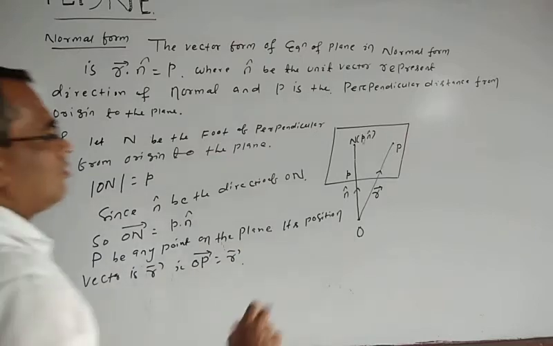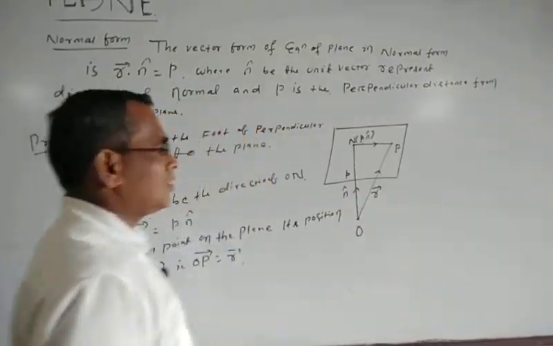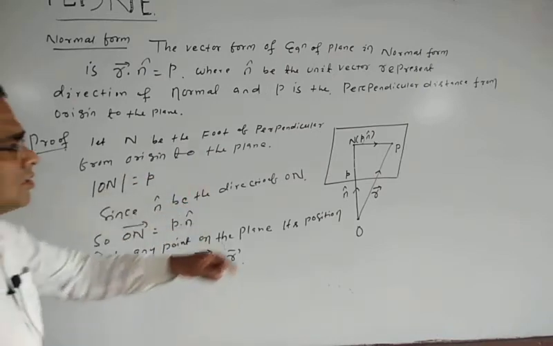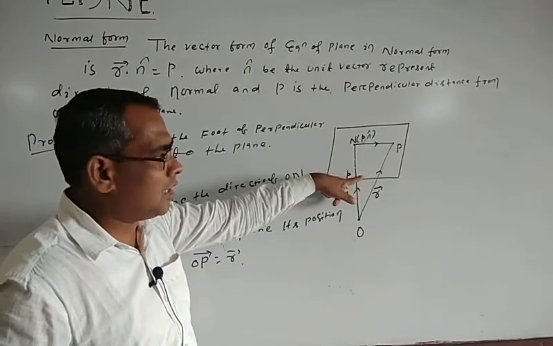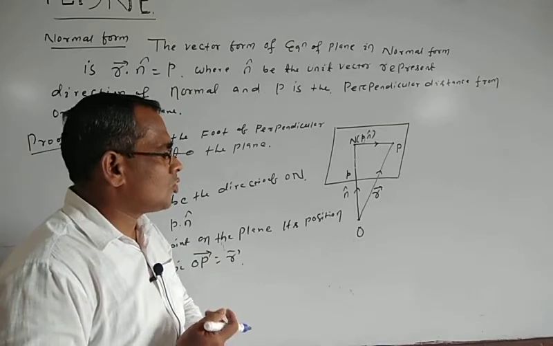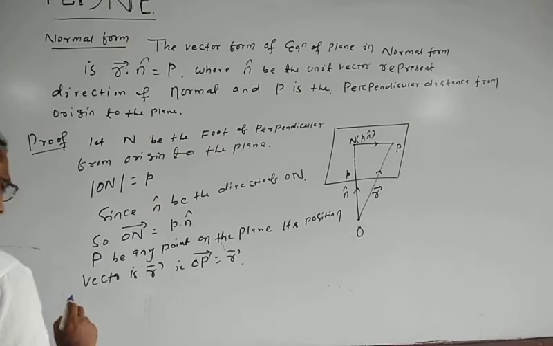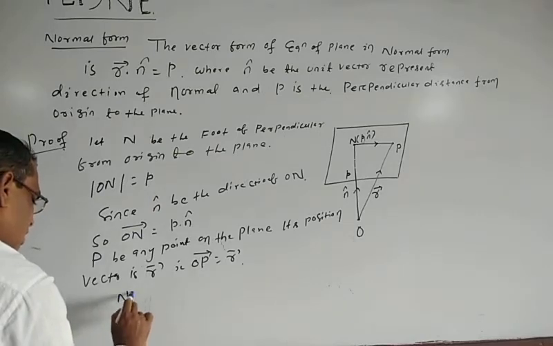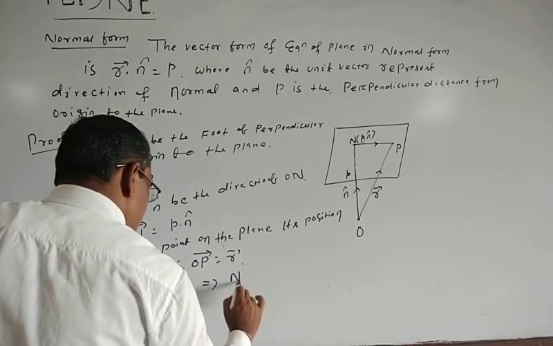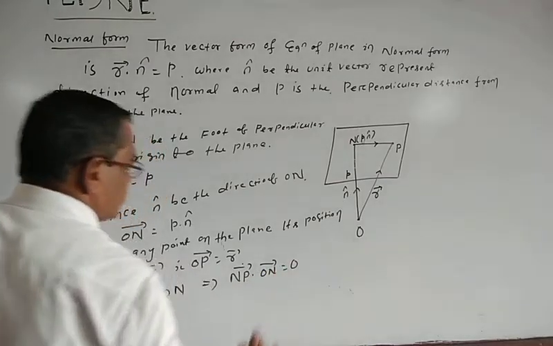Now we join the points N and P. Clearly the line NP lies on the plane. Since the ON vector is perpendicular to the plane, NP vector is perpendicular to ON vector. So NP vector dot ON vector is equal to 0.